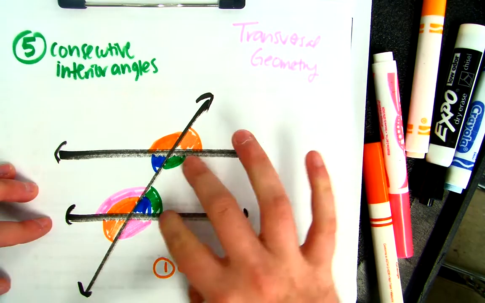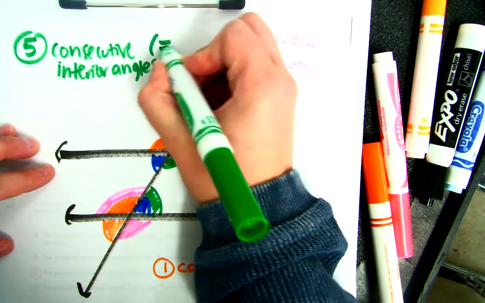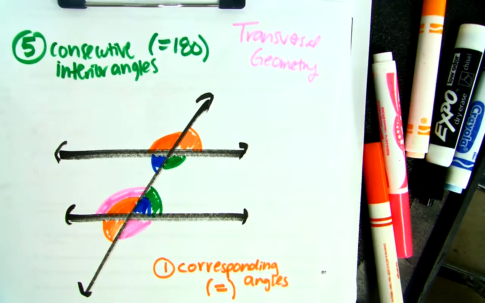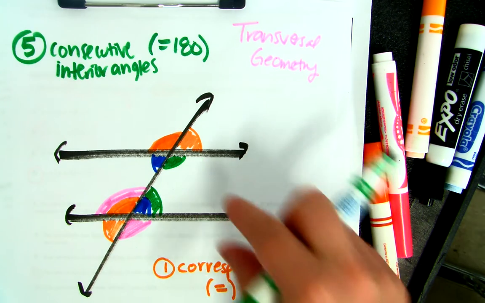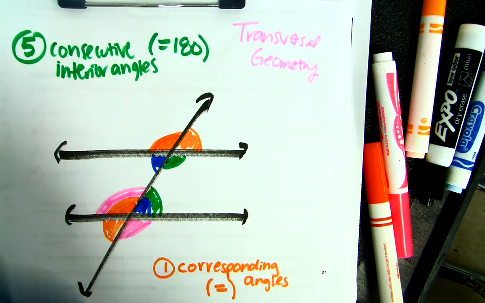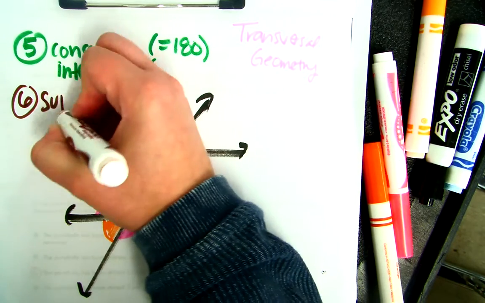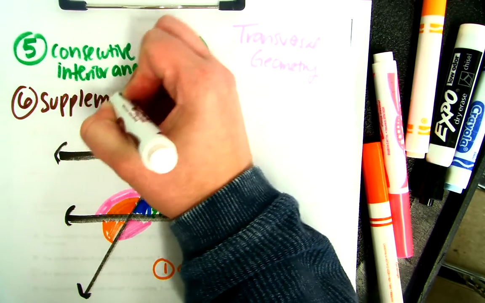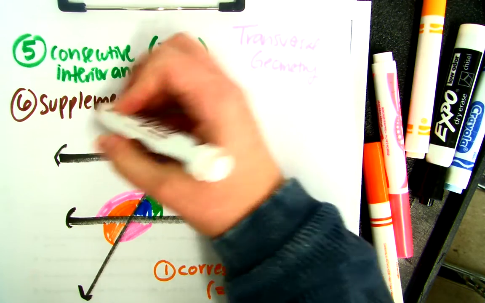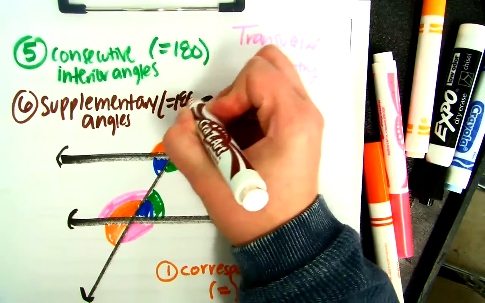They're next to each other, and they're on the inside. Those together are going to equal 180, because what we've already talked about is just plain old supplementary angles. Those also are going to equal 180.